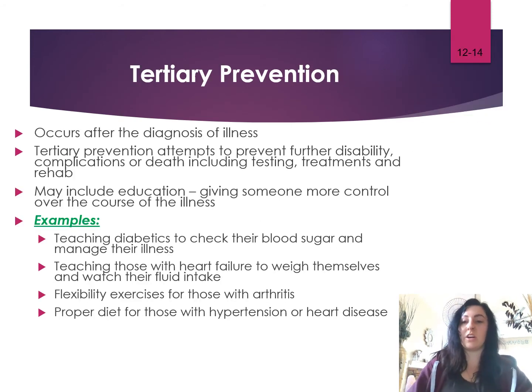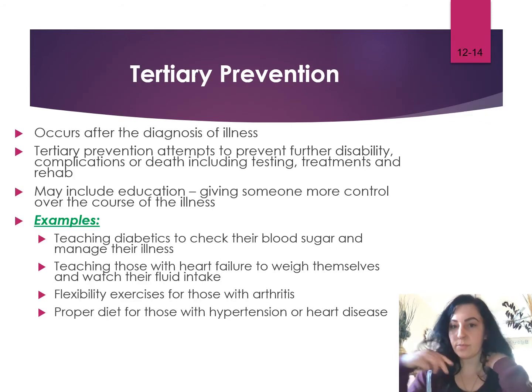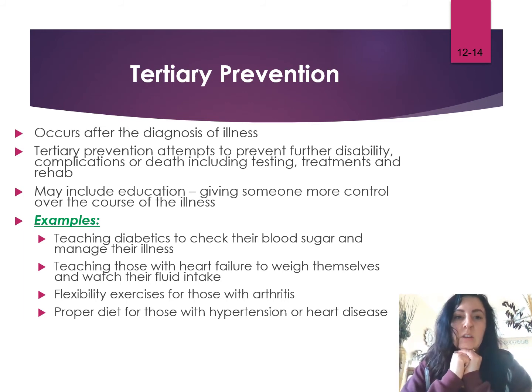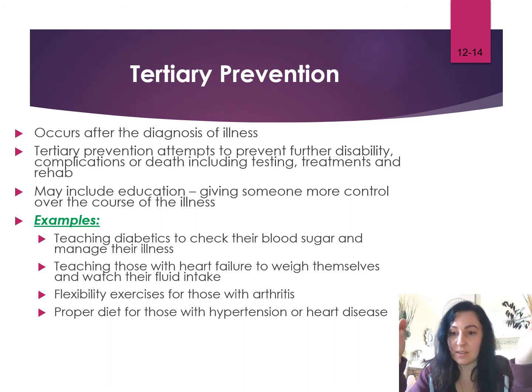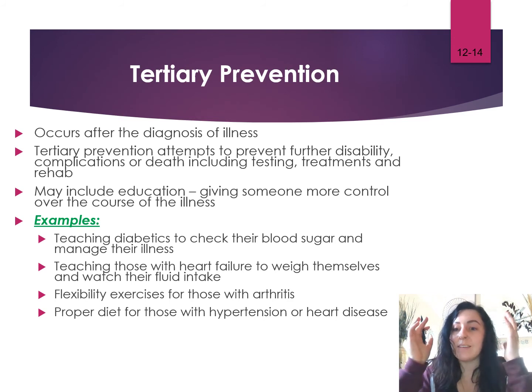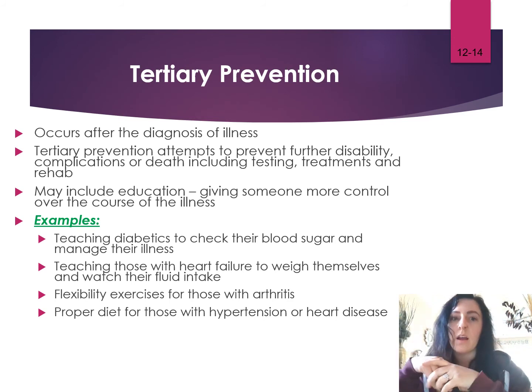Okay, so tertiary prevention. Now we're on to tertiary prevention. This is going to occur after you already have the disease. It's already been established. You have a disease, right? I mean, you don't, but hopefully you don't. But hypothetically.